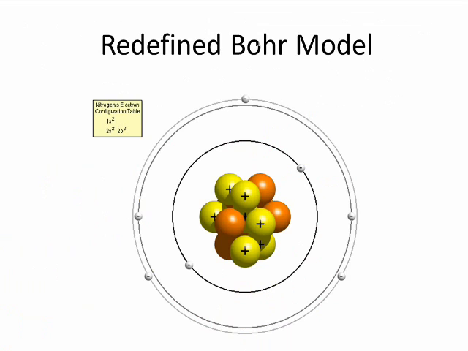Now what we're going to look at is a redefined Bohr model, which will get into sublevels or suborbitals. And you can see up here, there are these little numbers, 1s2, 2s2, 2p3. That's what we're going to talk about next. And this is basically saying there are two sublevels in the second energy level. And you can see that here.